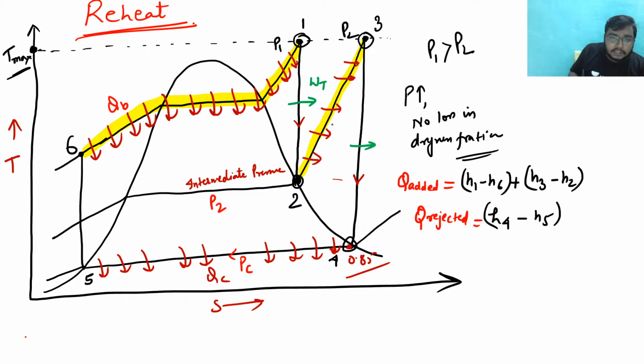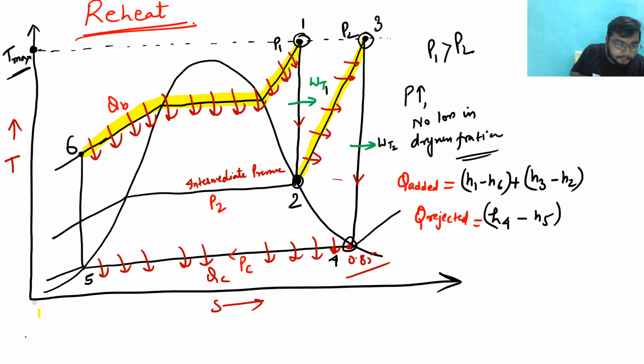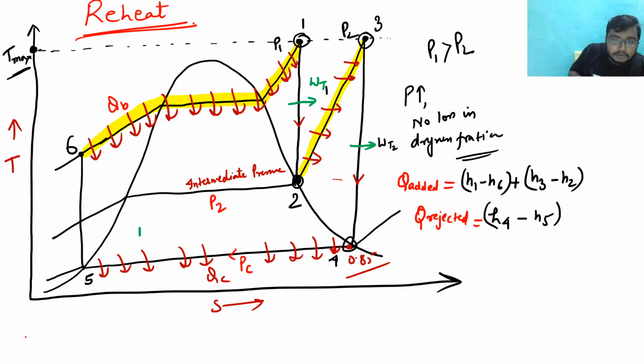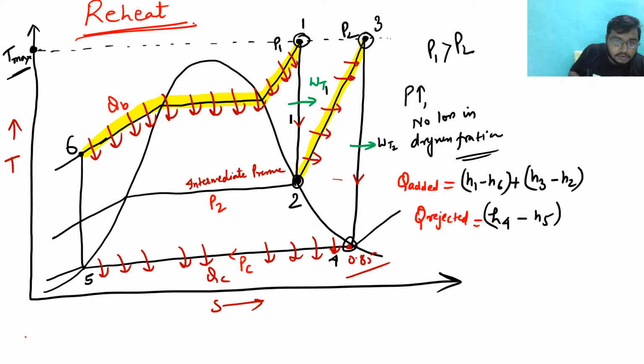Now what is the turbine work? So here we have seen work T1 is there and work T2 would be there. Right? यहाँ पर दो तरीके का वर्क हो रहा है. See here, this WT1 is there and WT2 is there. So ये दो तरीके का वर्क जो है यहाँ पर हो रहा है.